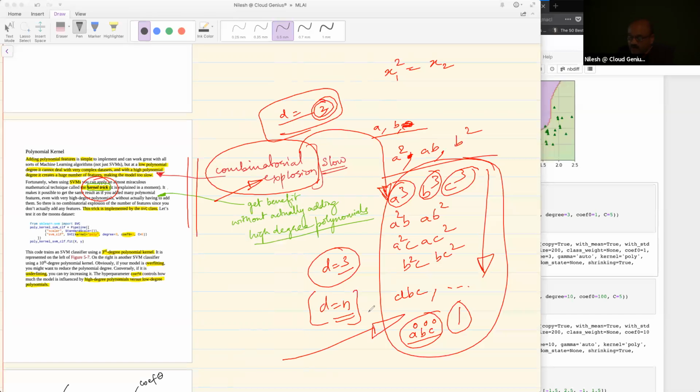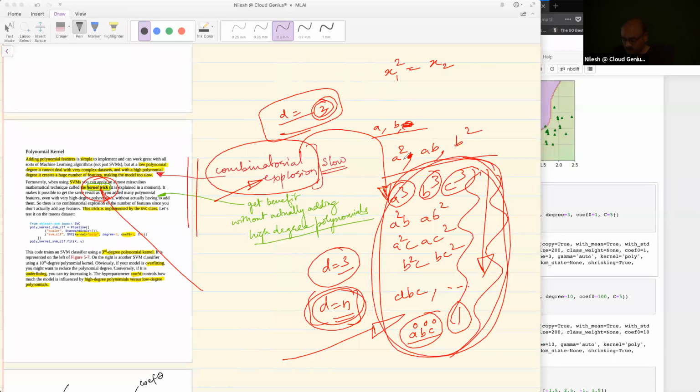In fact, you will have that complexity, but your SVM, support vector machine algorithms implemented in scikit-learn, is written using the kernel trick. What does it mean? It basically means you get the benefits without actually having to add higher degree polynomials like this. You get all the benefits without actually doing the combinatorial explosion. Without dealing with this, you still get the benefit in SVM.